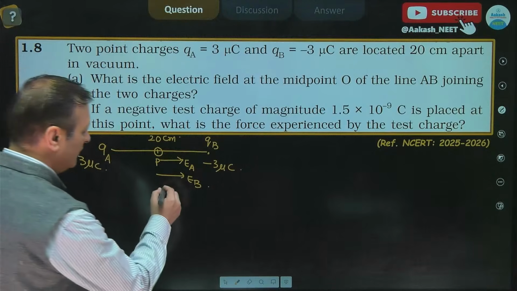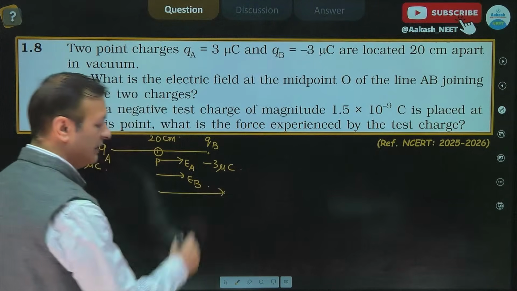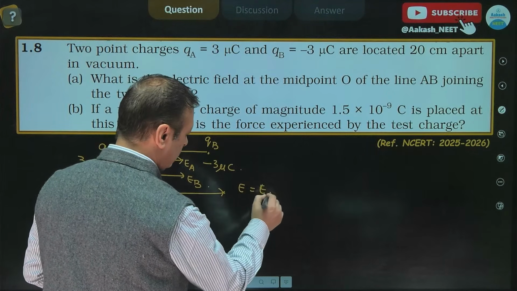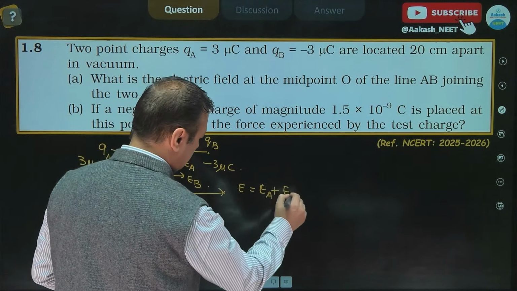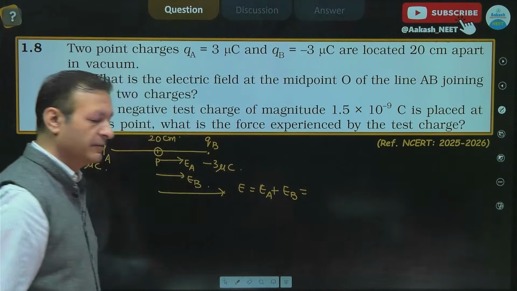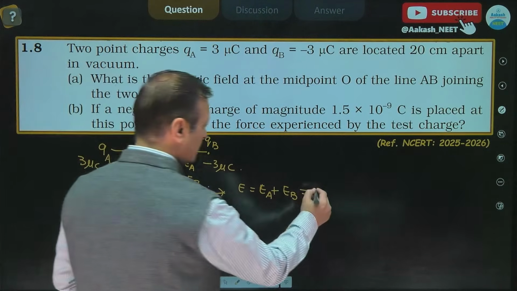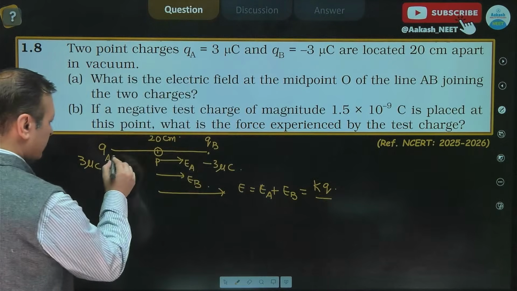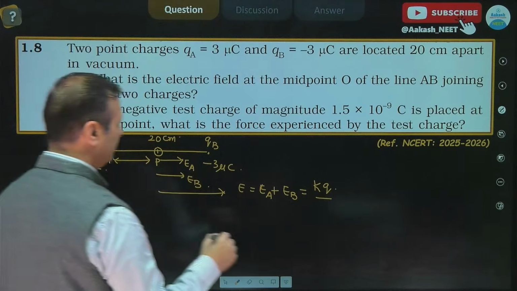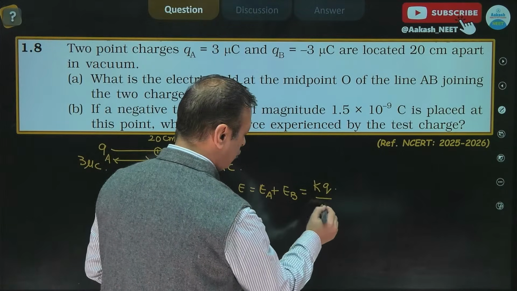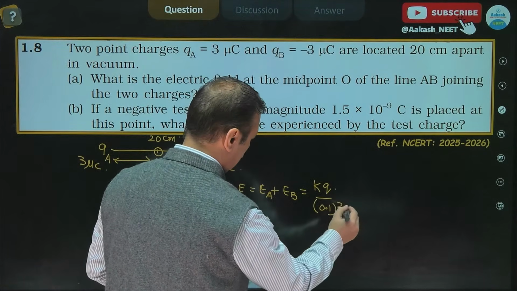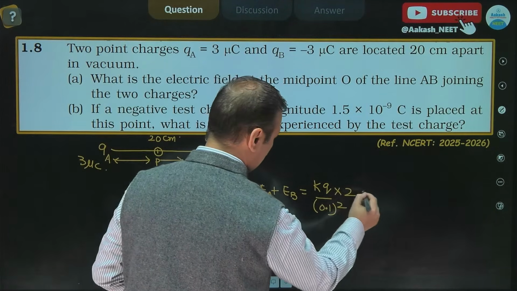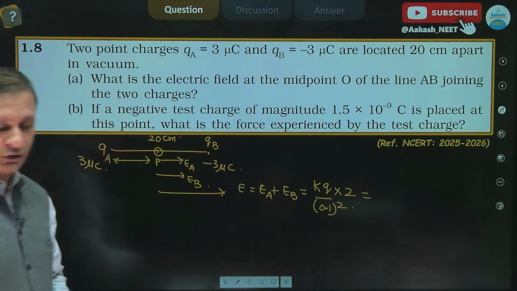So the resultant electric field would be the electric field due to A plus the electric field due to B. That means K Q by, now what is this separation? This separation is 10 centimeter and 10 centimeter is 0.1 meter, squared, and EB is also mathematically the same. So we'll simply multiply by 2.